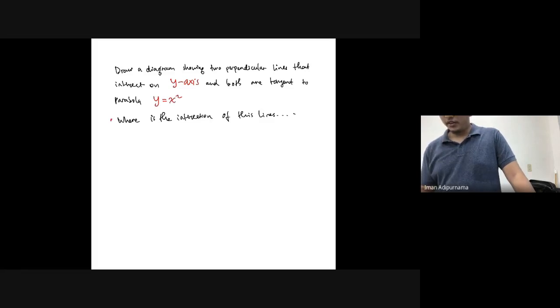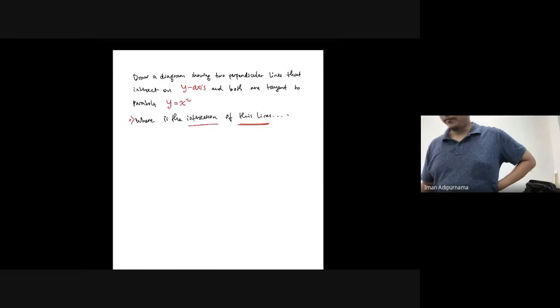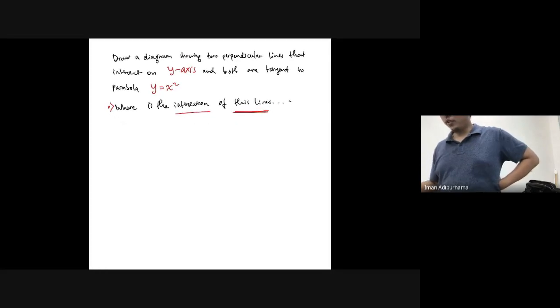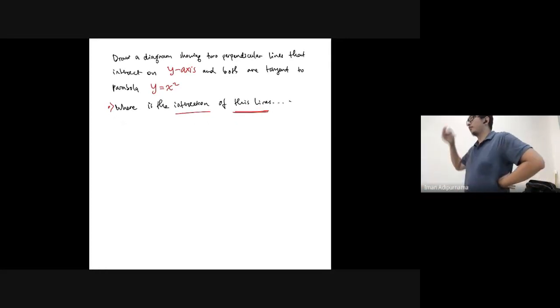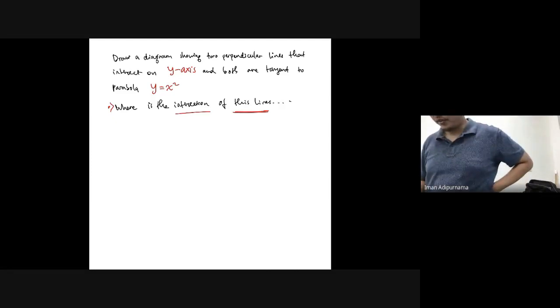So the question is, after you draw the diagram, where is the intersection of these lines? It will be on the y-axis, and at which point? Can you solve this one? If you can solve it, I will give you a bonus point, and maybe some gifts for you.